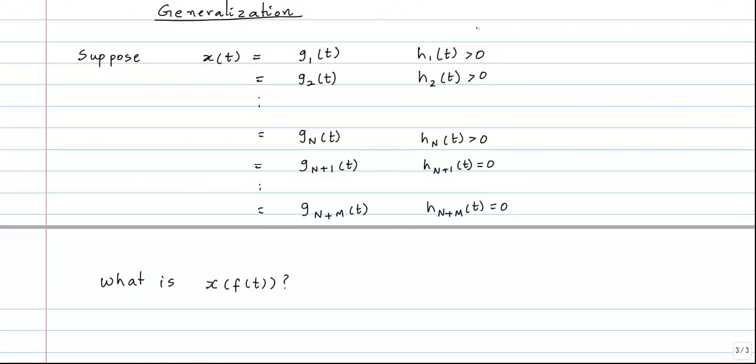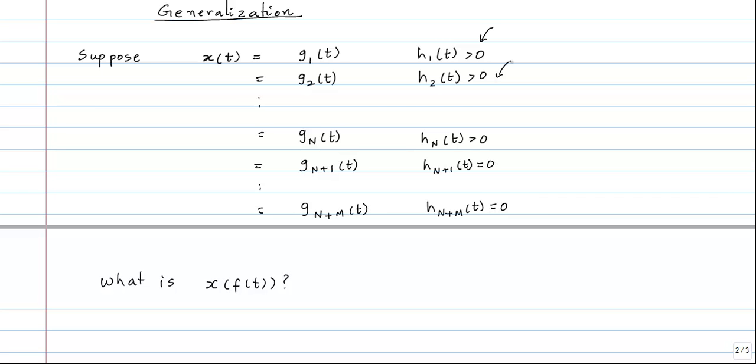Now that we have obtained some intuition about transforming signals that have been defined piecewise, we can state the general result about this. Now suppose I have a signal x of t that's defined piecewise. It's defined to be the function g1 of t for the range of values of t defined by some function h1 of t being greater than 0. It's defined to be g2 of t for the range of values defined by h2 of t being greater than 0, so on and so forth.